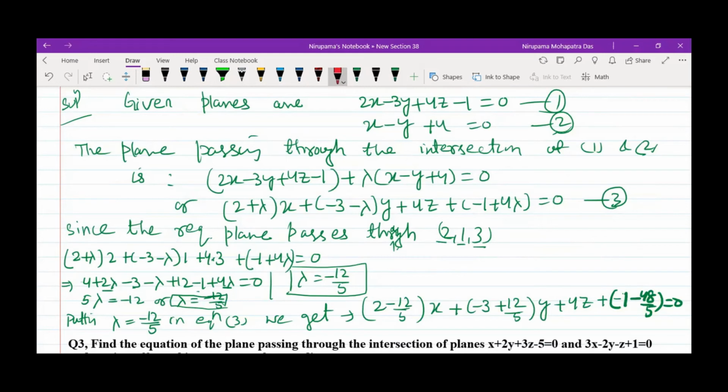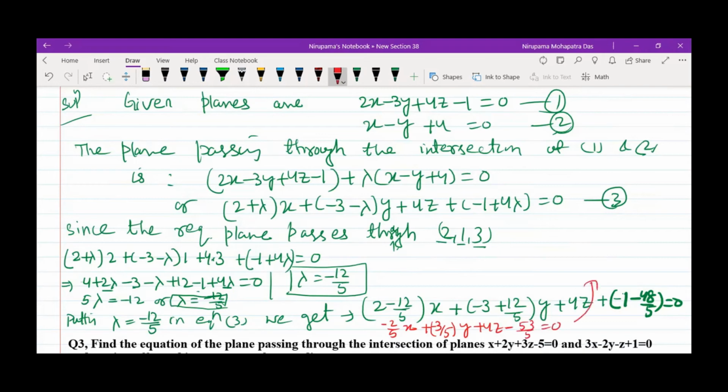So you have minus 2 by 5 x, and here also minus 3 by 5 into y plus 4z, and here minus 53 by 5 equal to 0.